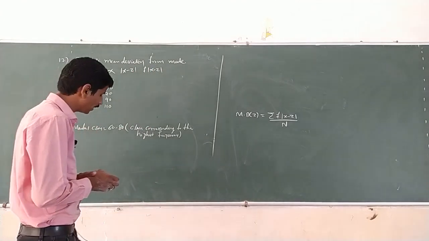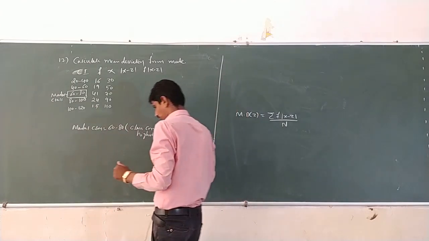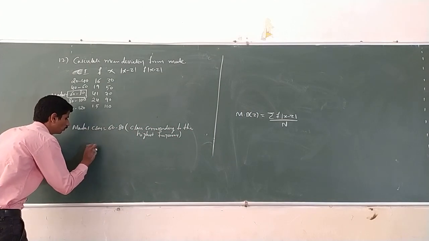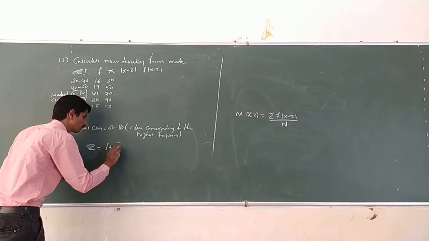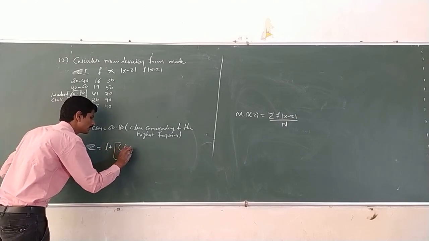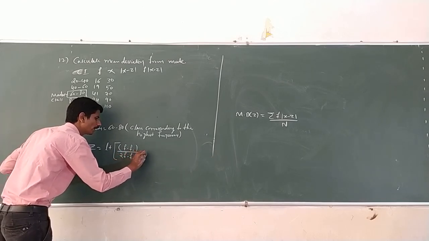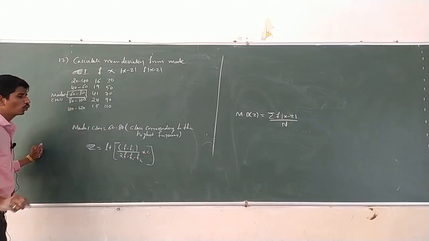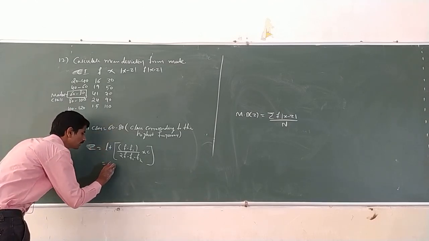If you want the z value, then how to calculate the z value? Z equal to L plus, apply the formula, L plus (f minus f1) by (2f minus f1 minus f2) into c. Here L is the lower limit of the modal class, that is 60. L equal to 60.